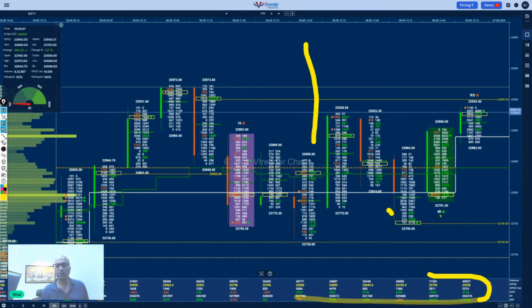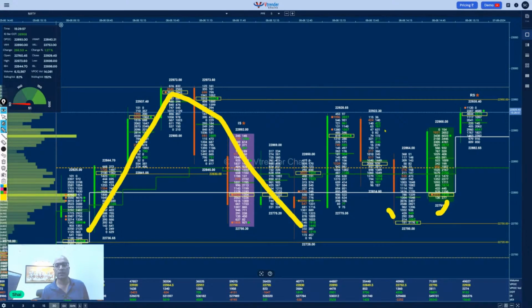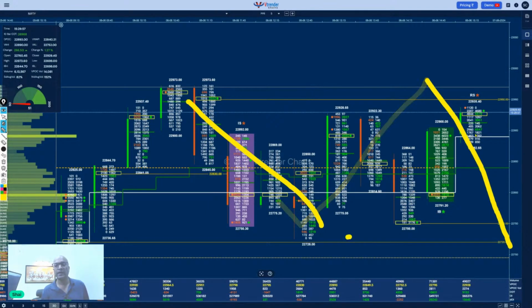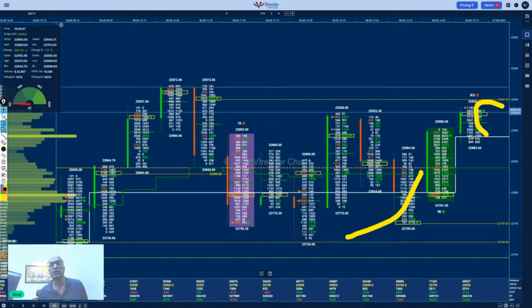So this is again an RB and IB. You can say that this was a dual auction. The market went up, found sellers, went down, found buyers, and returned back into a state of equilibrium. And you can say a normal day was established in the markets, where the market stayed within a range, and there was a dual auction at play.